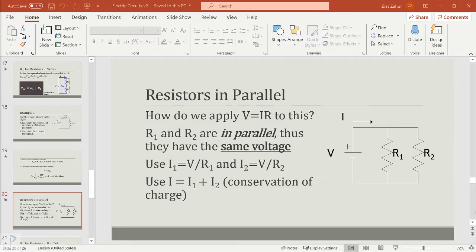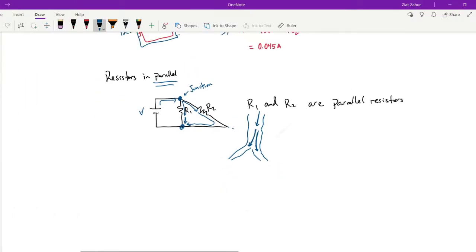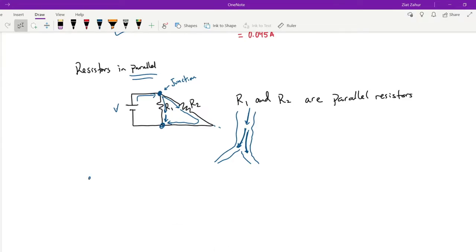Okay, so let's do some review. Resistors in parallel: current splits up such that I1 plus I2 plus ... equals I total. So the total current turns into little tiny bits.